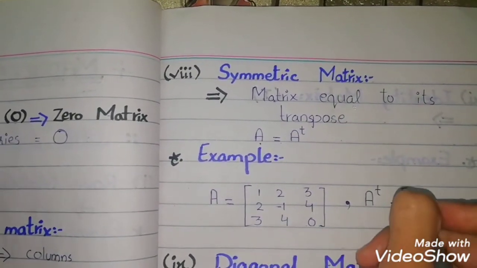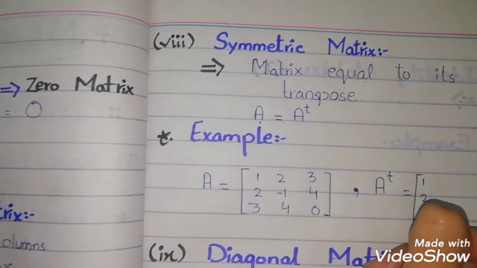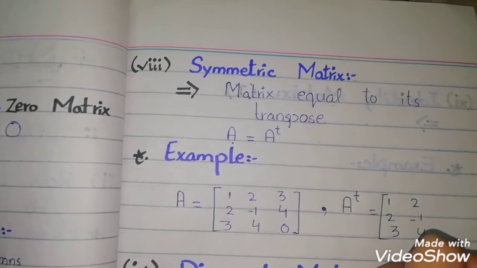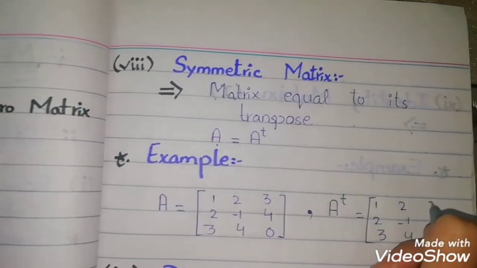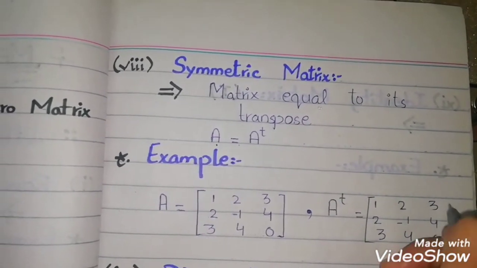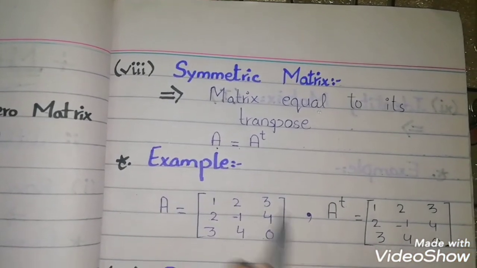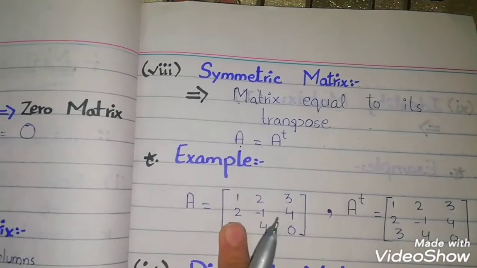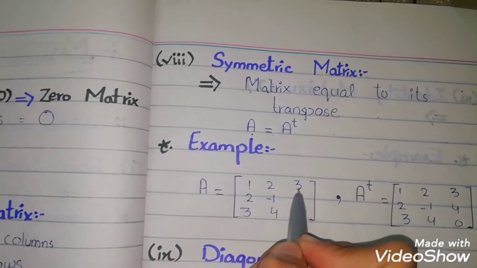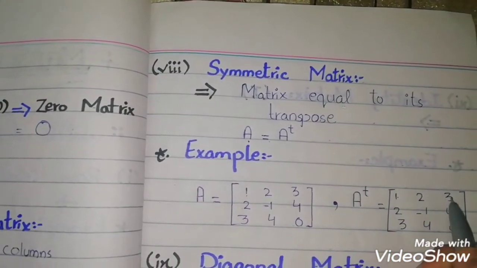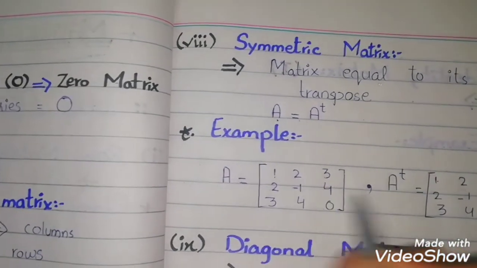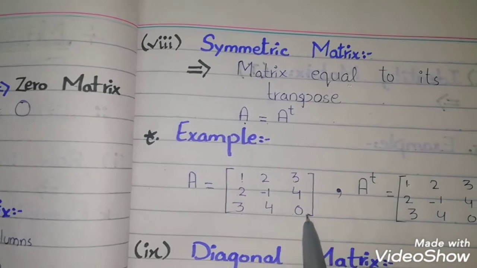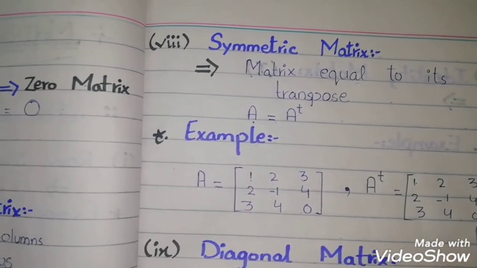Row 1 becomes column 1, row 2 becomes column 2, and row 3 becomes column 3. It is equal to its transpose. So it is called symmetric. 1, 2, 3 and 1, 2, 3. 2, -1, 4. Here is 2, -1, 4. And 3, 4, 0 and 3, 4, 0.